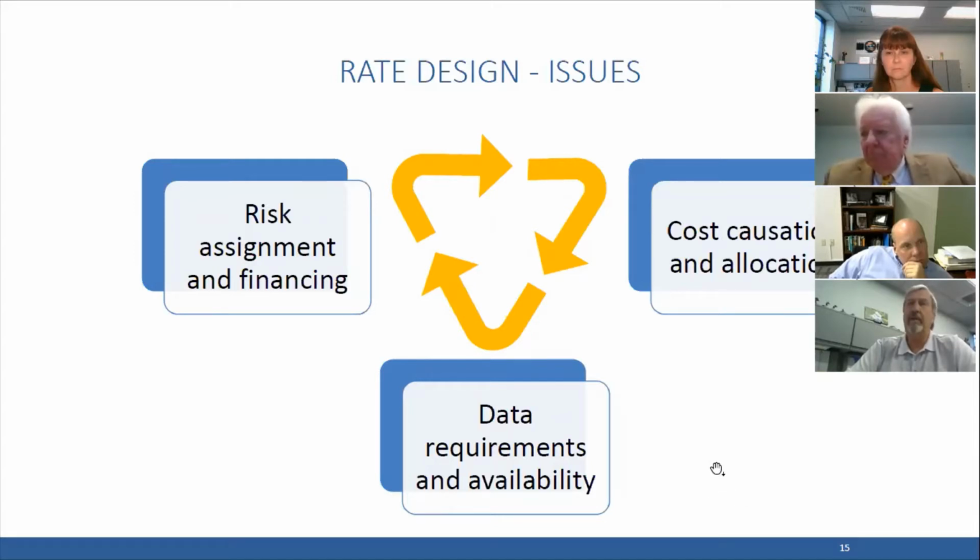And all of that is based on what data is available, and different rate designs have different data requirements, and different cost allocation methodologies require different kinds of data.